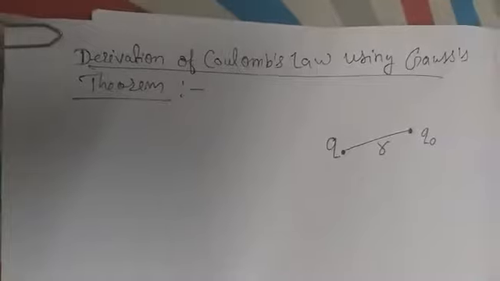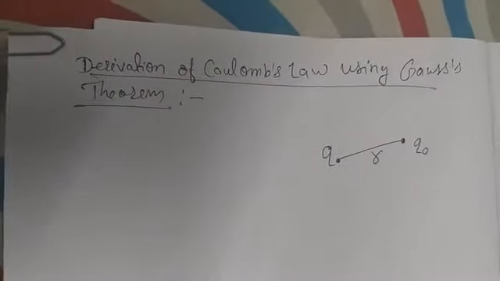Let us consider we have a point charge Q, and here there is a charge Q naught at a distance R, and we want to find the force between them using Gauss law.